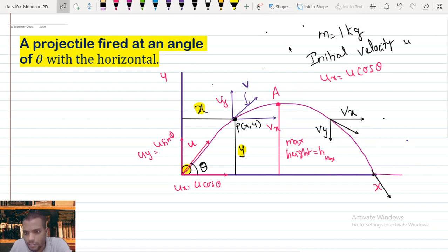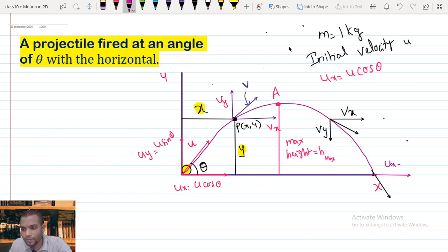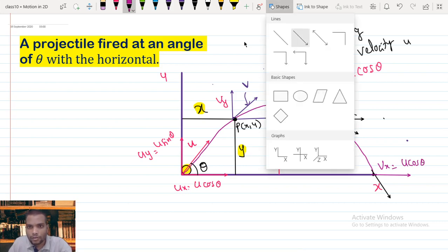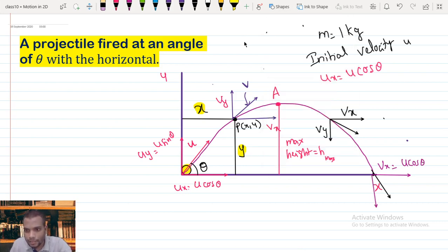The initial velocity component u suffix x equals u cos theta, and the final velocity component v suffix x equals u cos theta, and the vertical component v suffix y equals u sin theta.